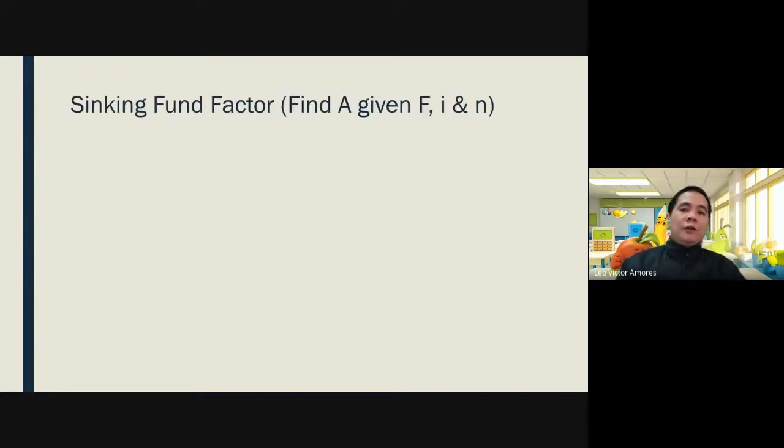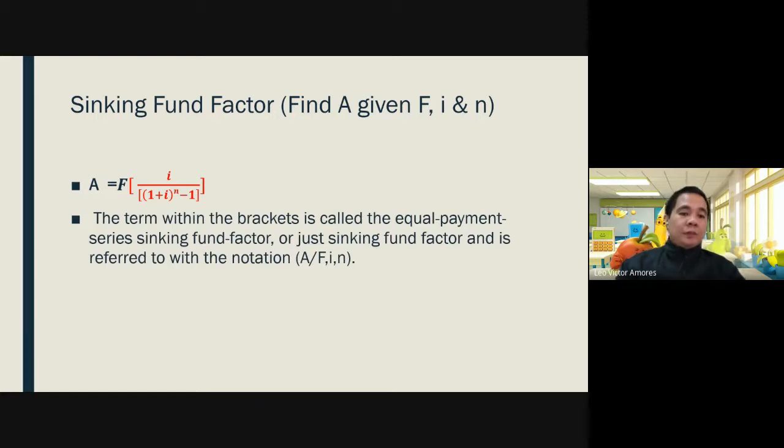The sinking fund factor is when you are given the F, the future value, and you are to look for the annuity A. So A = F[i/((1 + i)^n - 1)].